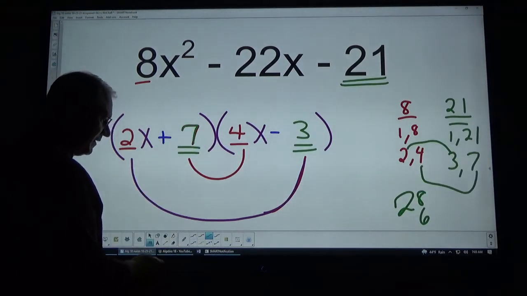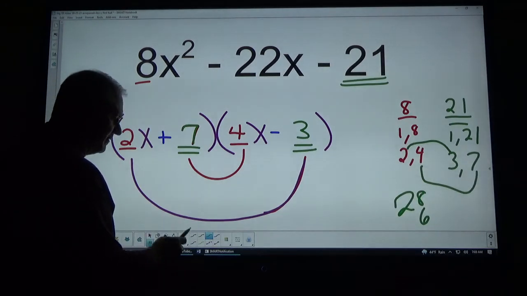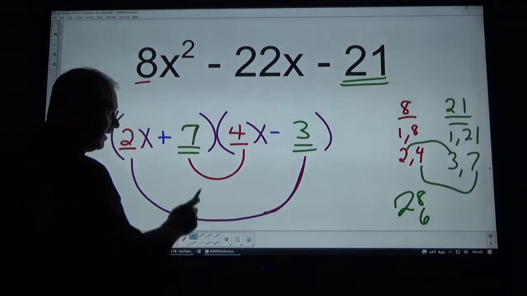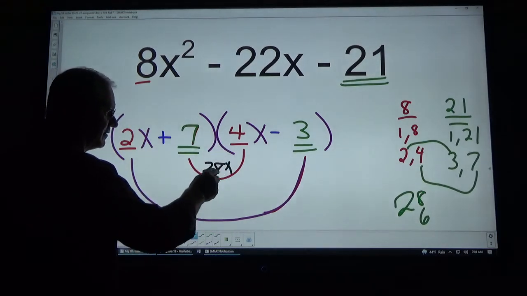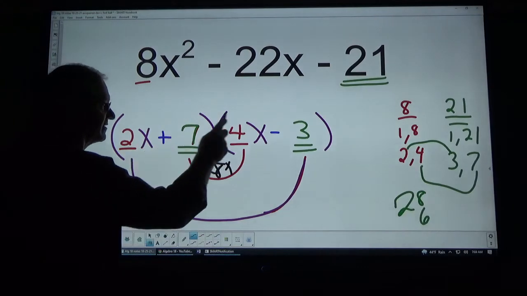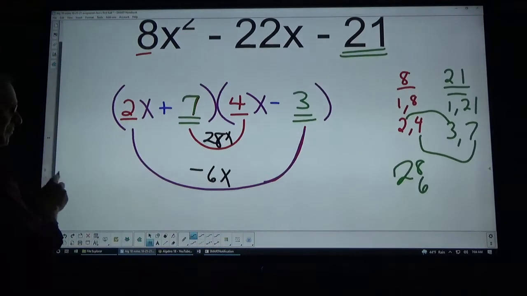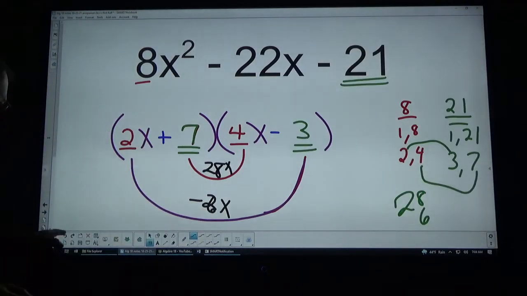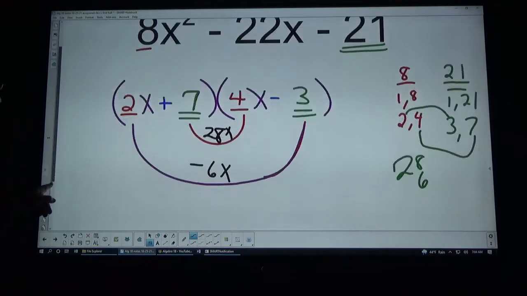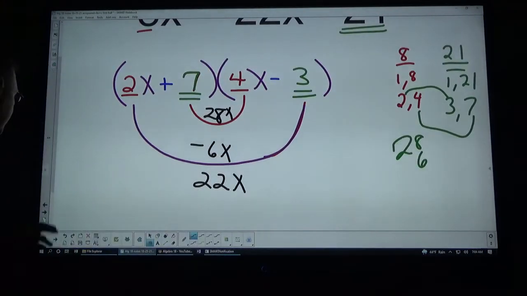All right, so let's try the multiplication part. 7 times 4x is 28x. 2x times negative 3 is negative 6x. Now when I combine them, they give me a positive 22x.